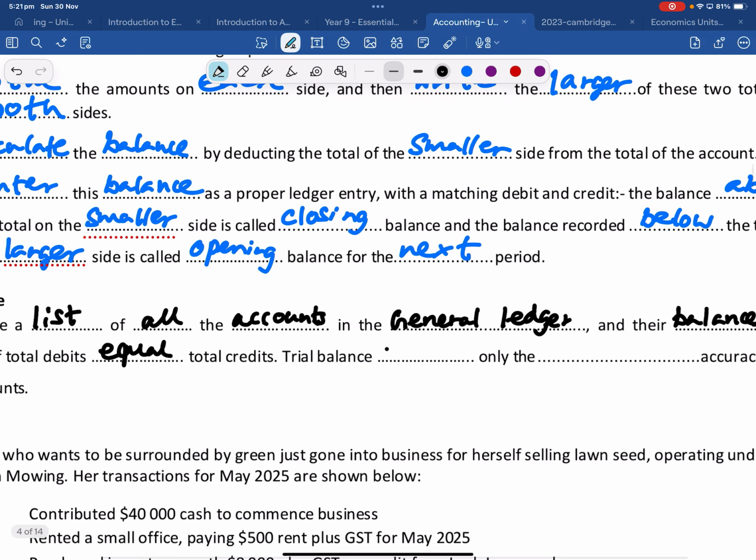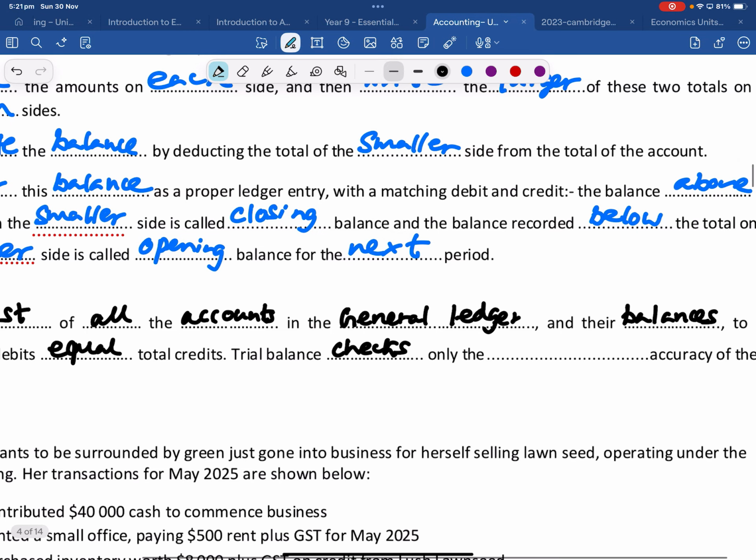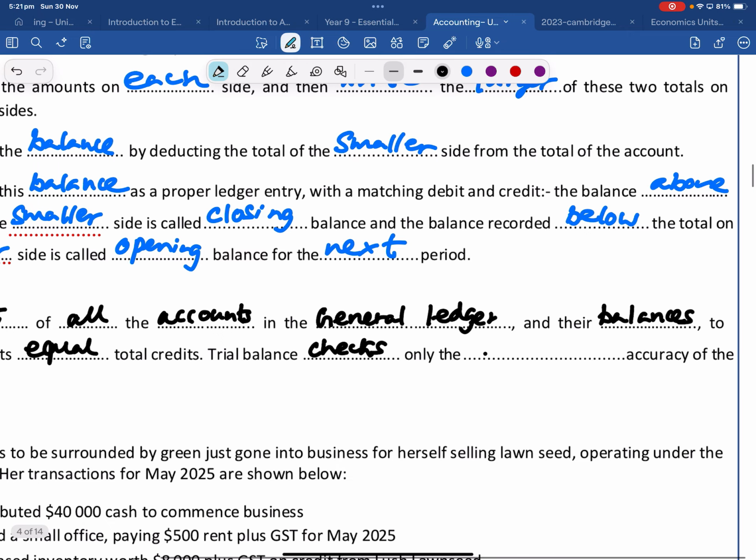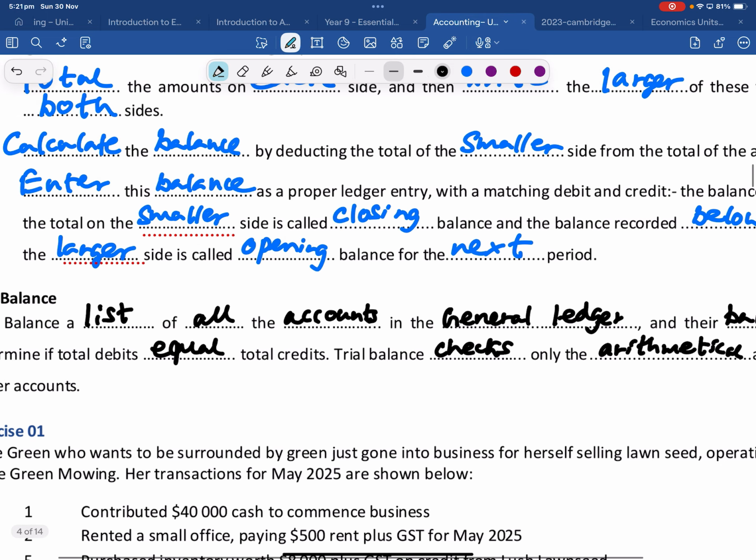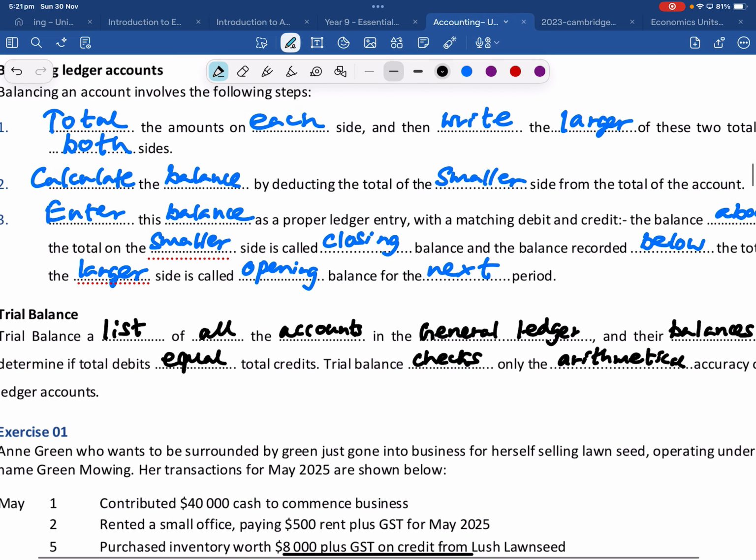Trial balance checks only the arithmetical accuracy of the ledger accounts.